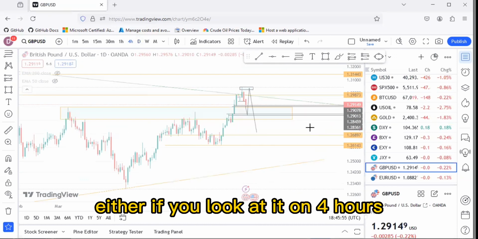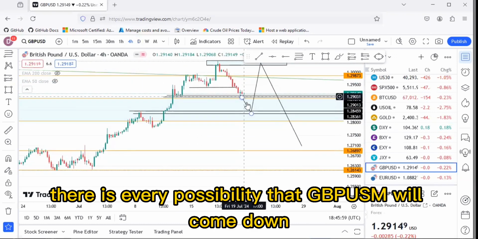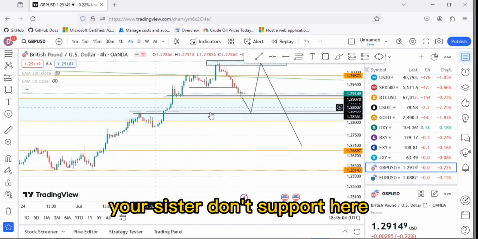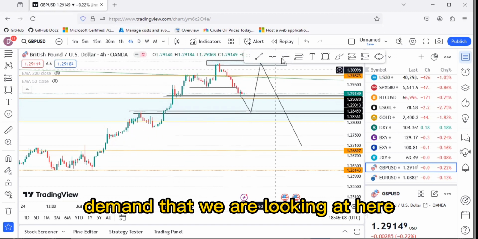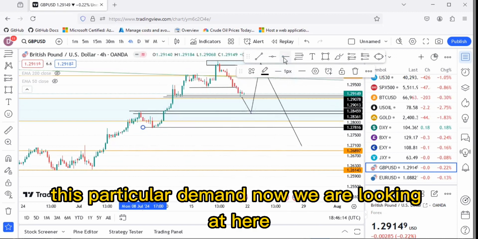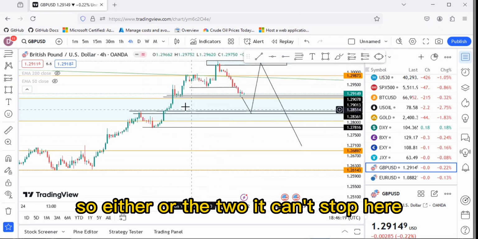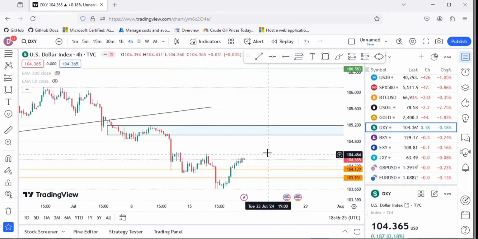If you look at it on the 4 hours, there is every possibility that GBPUSD might come down to either this support here, the resistance on support here, or this particular demand that we are looking at here. So either of the two. It can stop here and it can stop here before continuing the upward movement, just like we have it here.